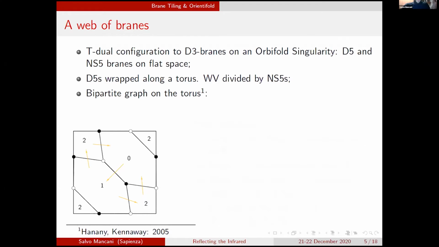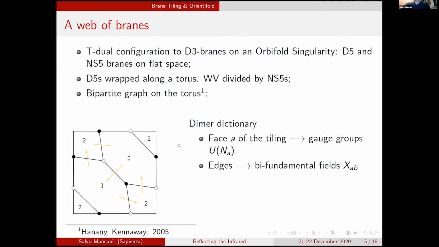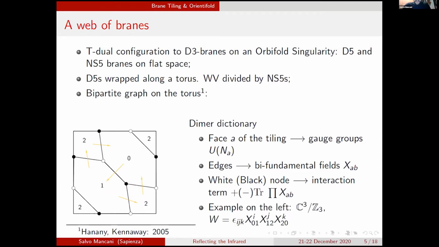So they form a bipartite graph on the torus, and we can read the gauge theory from the fundamental cell. Here is the dictionary in which each face is a gauge group, each edge is a bifundamental field, and each node is an interaction term. So we can reconstruct the whole tree-level superpotential of the theory. Here is our prototypical example.